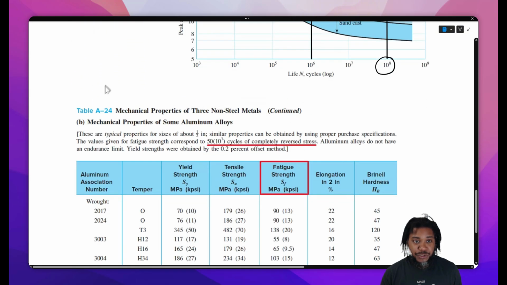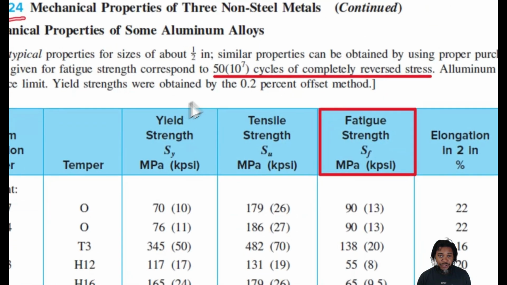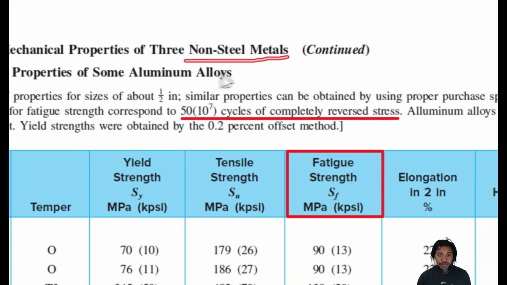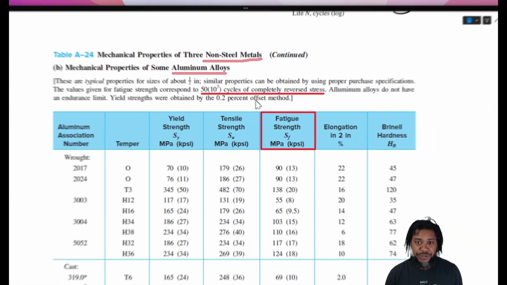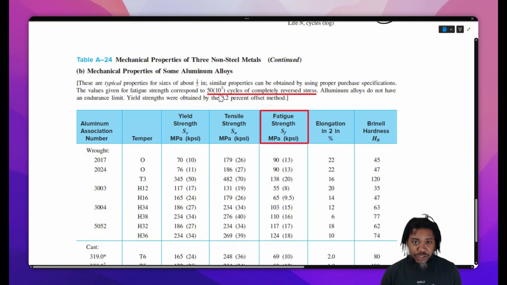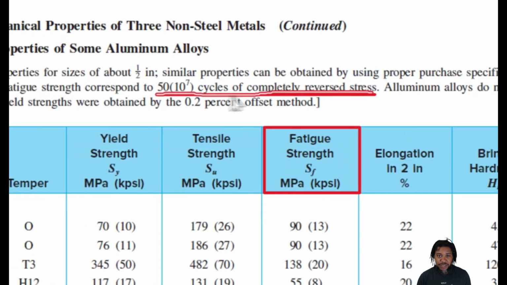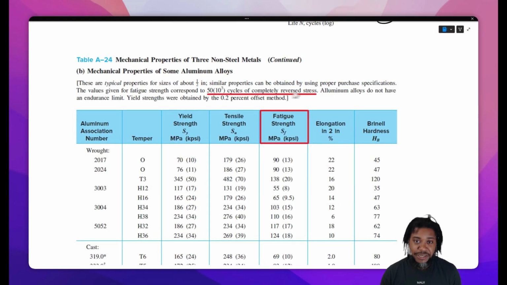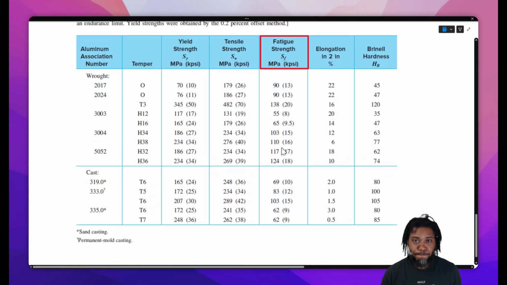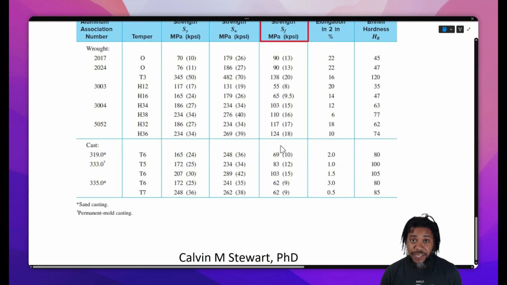And so if we go to our appendix and we search for some non-steel metals, we've got our aluminum alloys here. We see that in the description, it's 5 billion cycles. So 50 times 10 to the 7, 5 times 10 to the 8 cycles of reversed stress, right? And with that, we know how to read our stress life diagram.